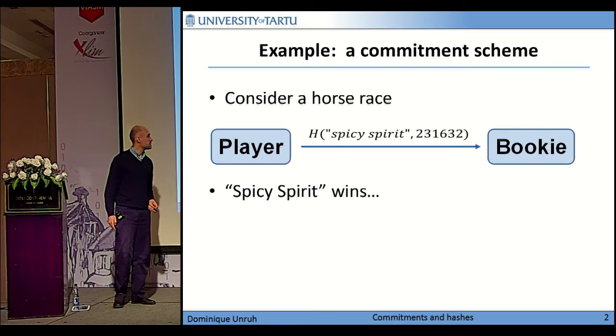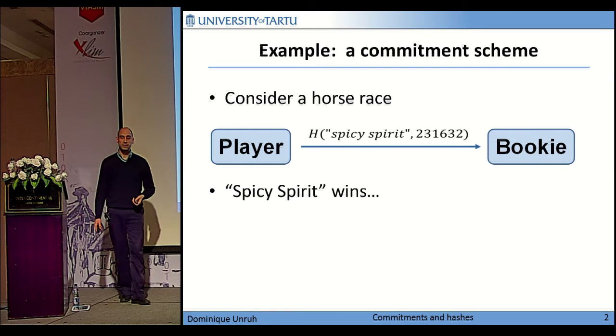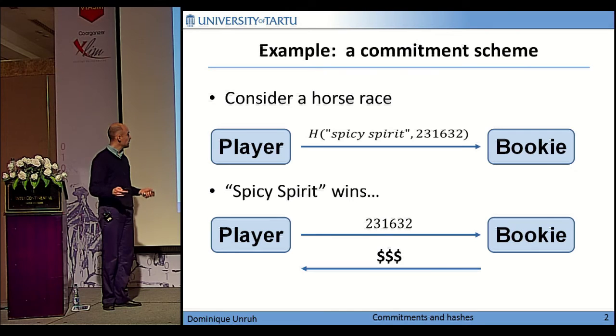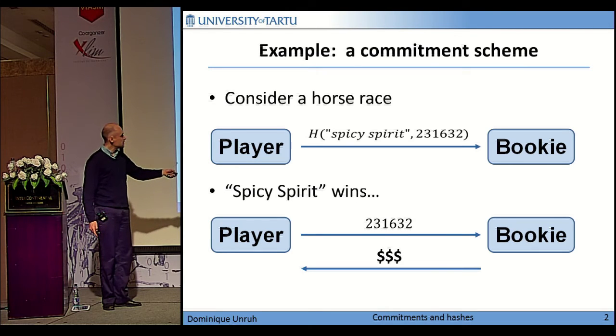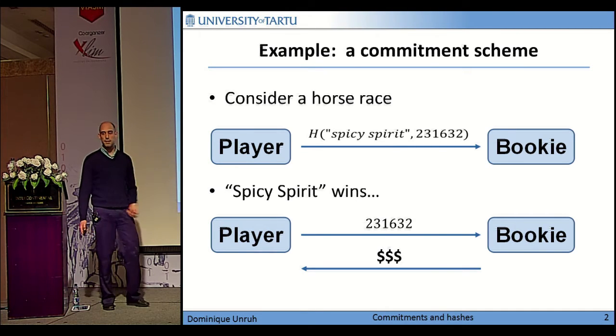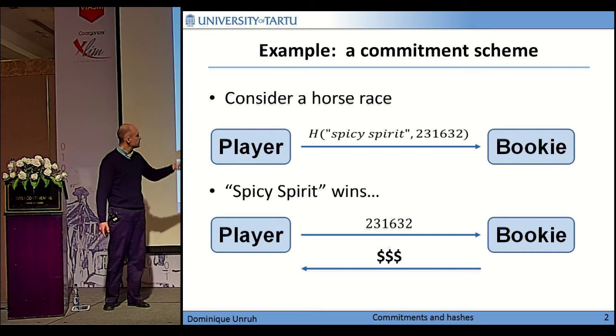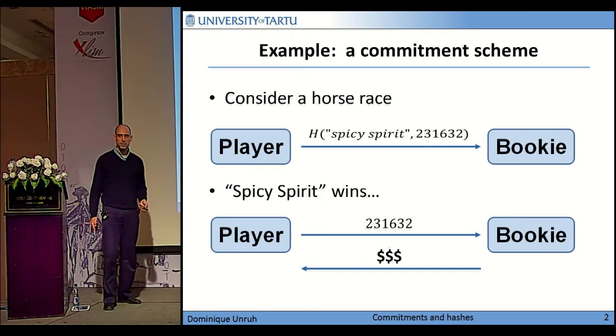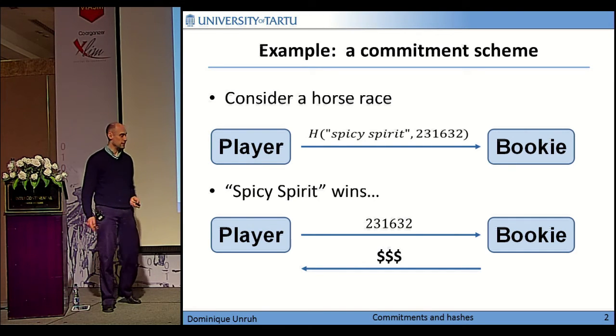Now let's say Spicy Spirit is the horse that wins. What does the player do? He sends the randomness to the bookie, who checks whether the name of the horse together with the randomness gives the right hash, and if so, pays the money. That's a typical approach.